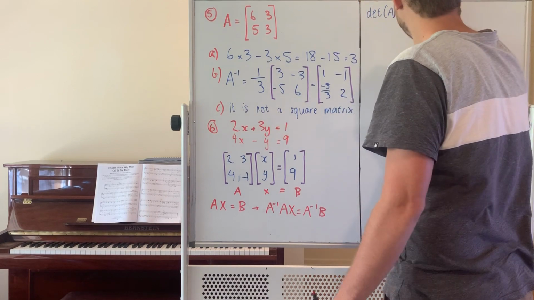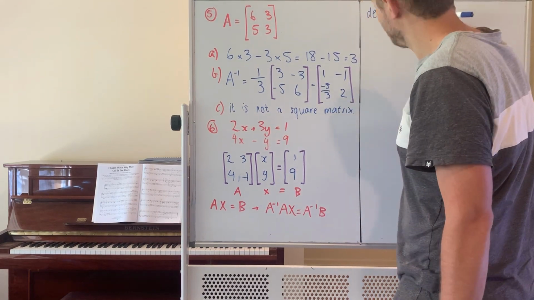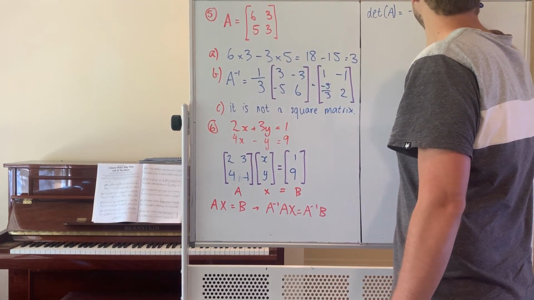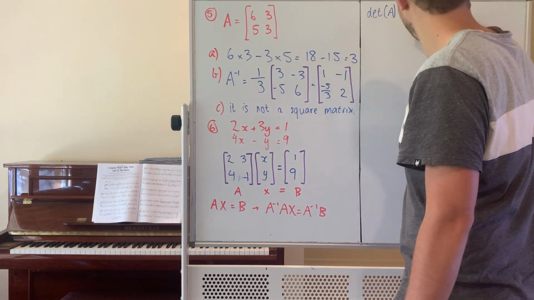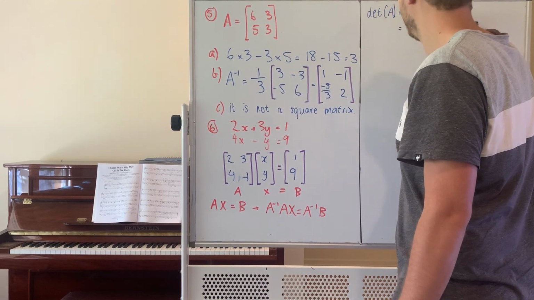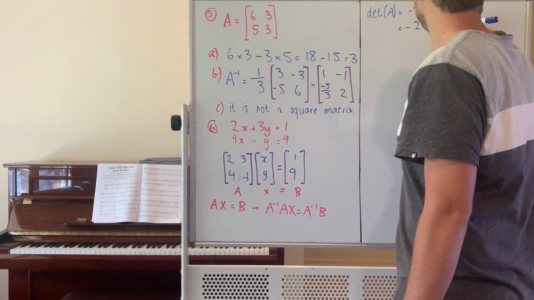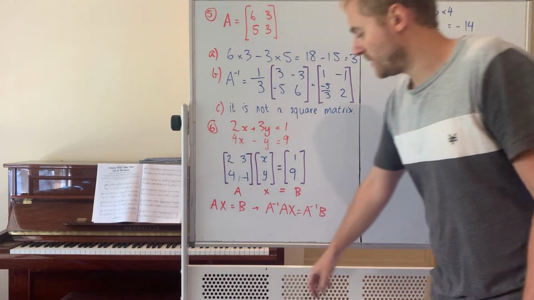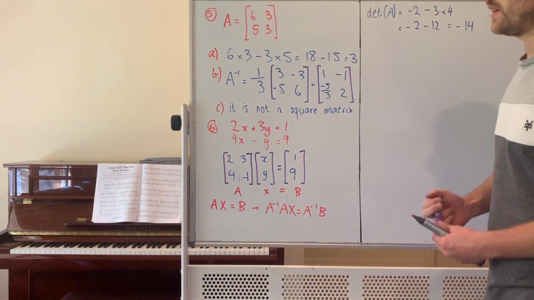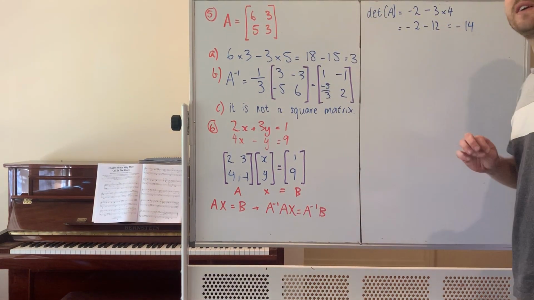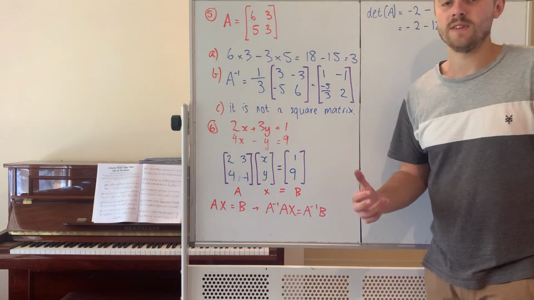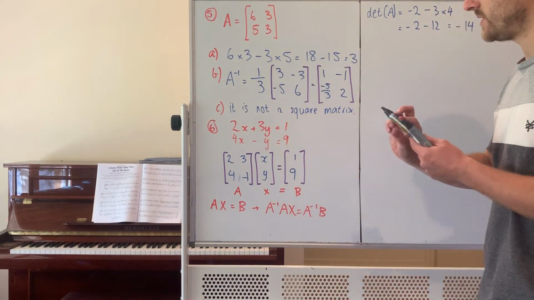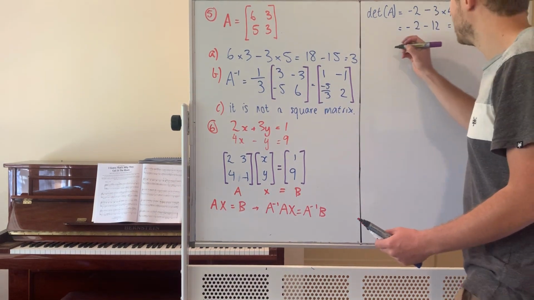So 2 times -1 is -2, minus 3 times 4, -2 minus 12, which is -14. So this one's going to be quite complicated. Although you can't use your CAS to fully work this out, you can use it for little parts in there just to make sure your arithmetic is correct.